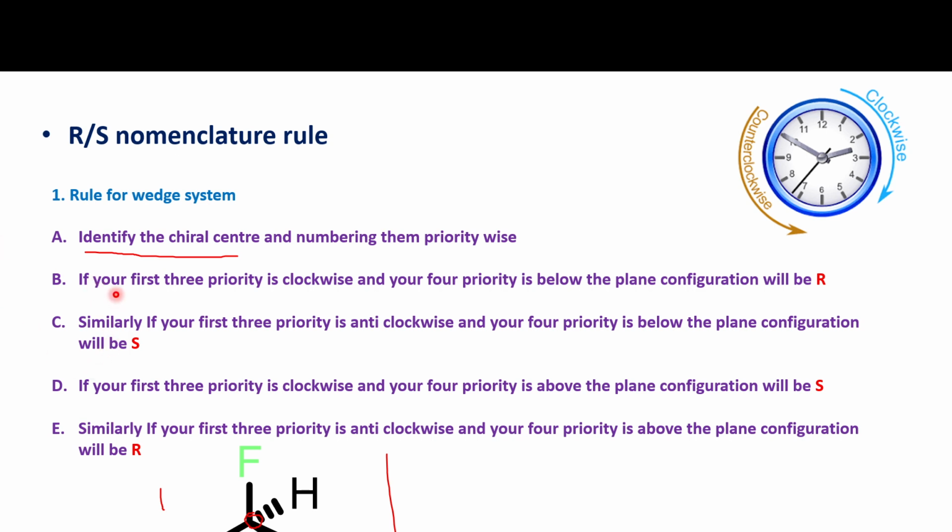So after you identify the chiral center, then you have to identify what configuration the chiral center is, whether it is R configuration or S configuration.